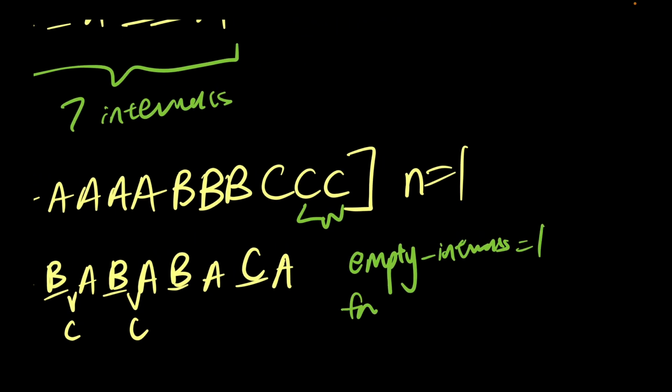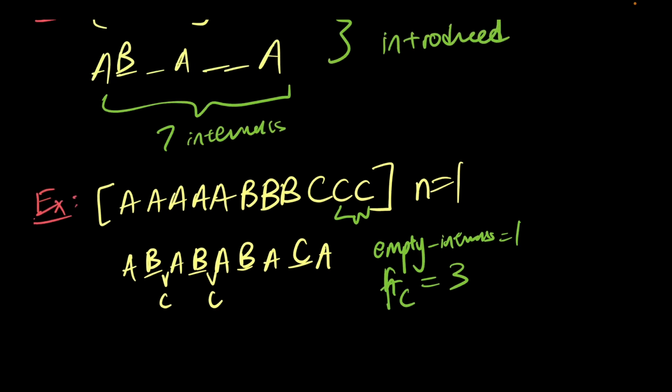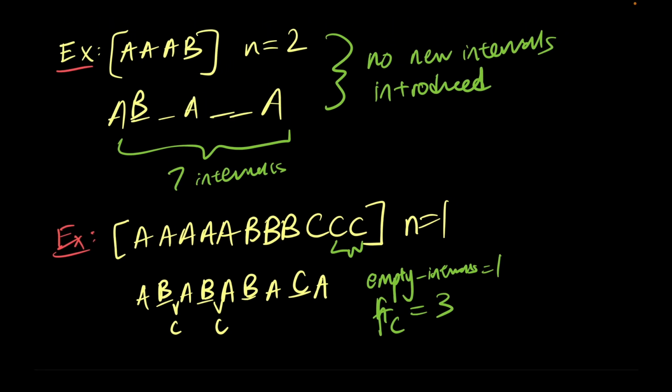And what's the frequency? Let's just say, for shorthand, frequency of C is equal to 3. So we know that we can put exactly one C into that empty interval. And then we're going to have to create one new interval for every C we cannot put in the empty intervals remaining.